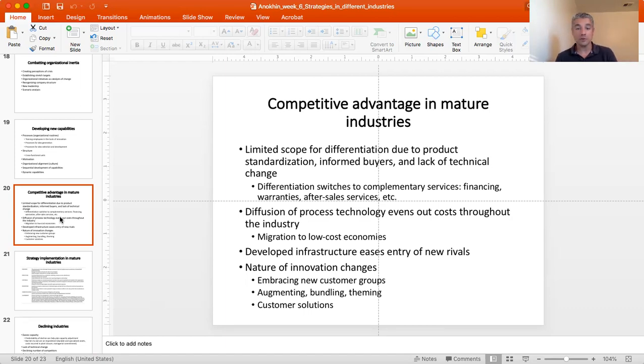And then obviously the nature of innovation changes once the industry matures. You remember we talked about 5 different kinds of innovation: new product, new process, new markets, new way of organizing, and whatever else. Here, the kind of innovation you look at is you try to embrace new customer groups, which is like new markets. You try to augment or bundle different products, right?